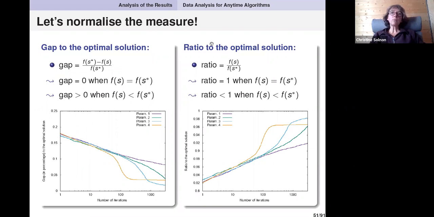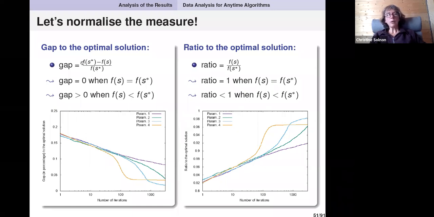There are two classical ways to do this. In both cases, we divide by the value of the objective function for the optimal solution, which is S star, and I can either plot the gap to the optimal solution.